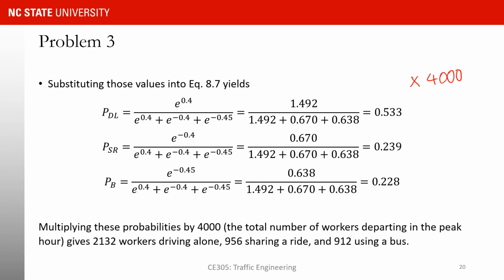So if you do that for driving alone, you find 2132. For sharing your ride, you find 956. And for going with the bus, you find 912 trips. So let's move on to the next example here.